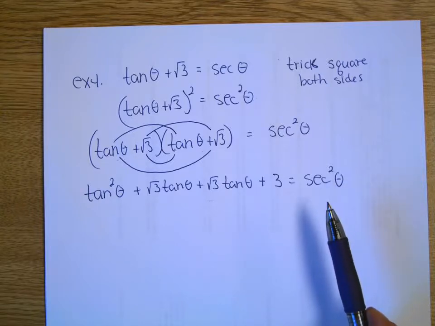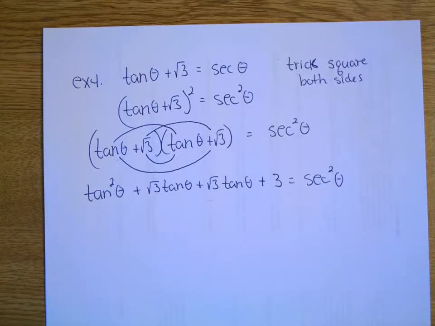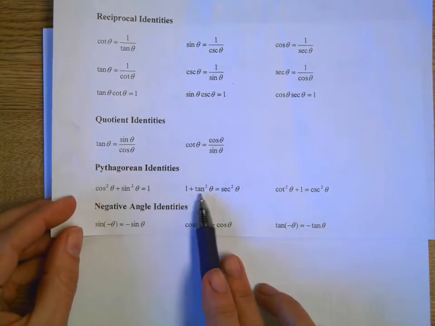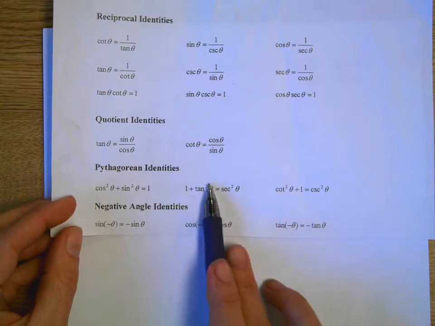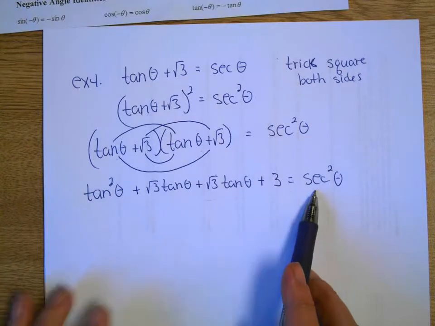I want just secant squared. Here's the one: secant squared equals 1 plus tan squared. So in place of the secant squared, I'm going to put 1 plus tan squared. Right here. Watch and see what happens.